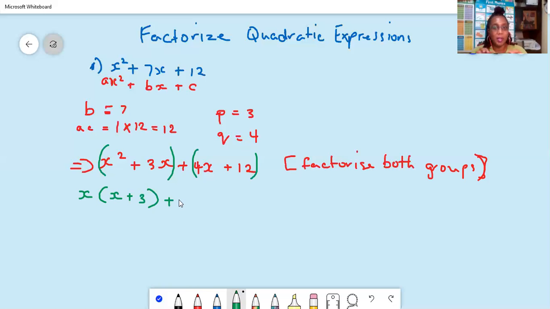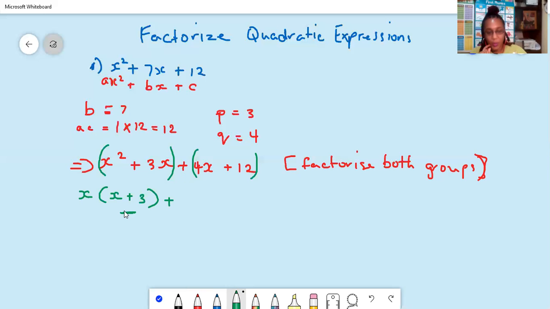Now a little tip: when you're doing the second expression in the second bracket, it should match the first one here. The signs, the expression, everything should match. If you realize that what you're working on in the second bracket does not meet up with the first bracket, that should be a little red flag that maybe your calculation or your signs are incorrect.